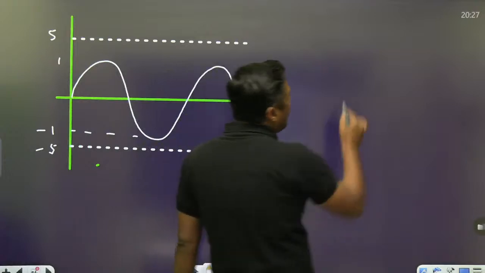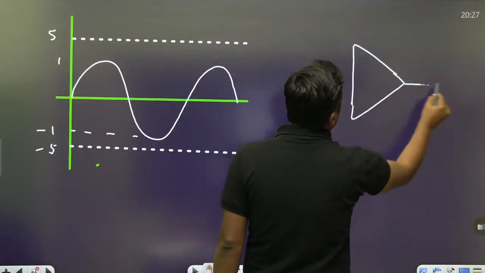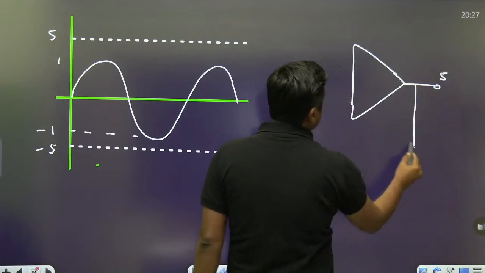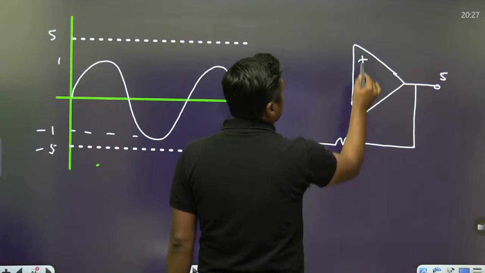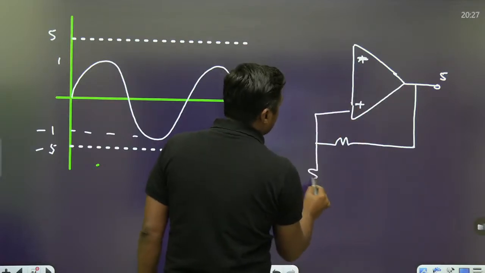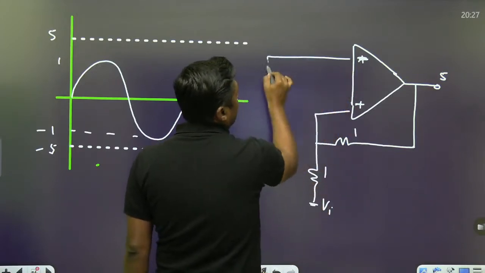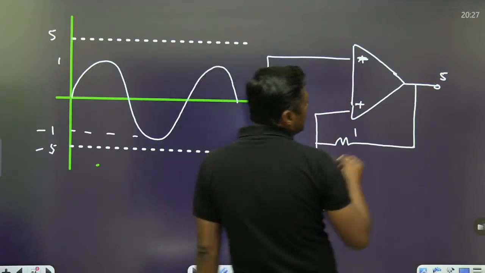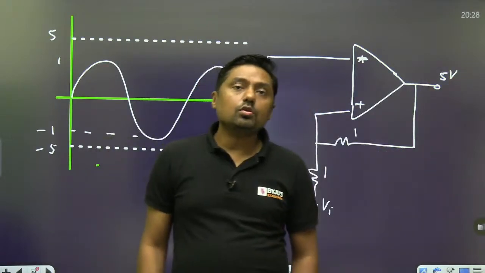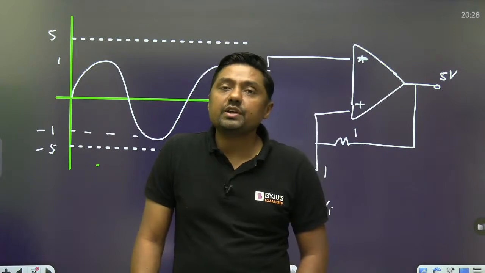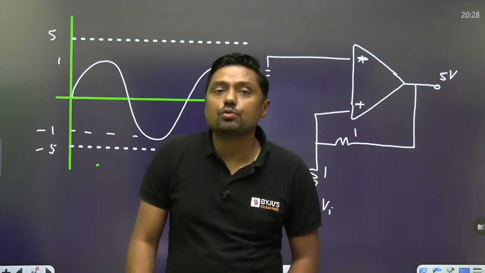So once the output is 5 volt, it will remain at 5 volt because it will not change. Or once the output initially is minus 5 volt, it will remain at minus 5 volt because the input will not cross the threshold levels.